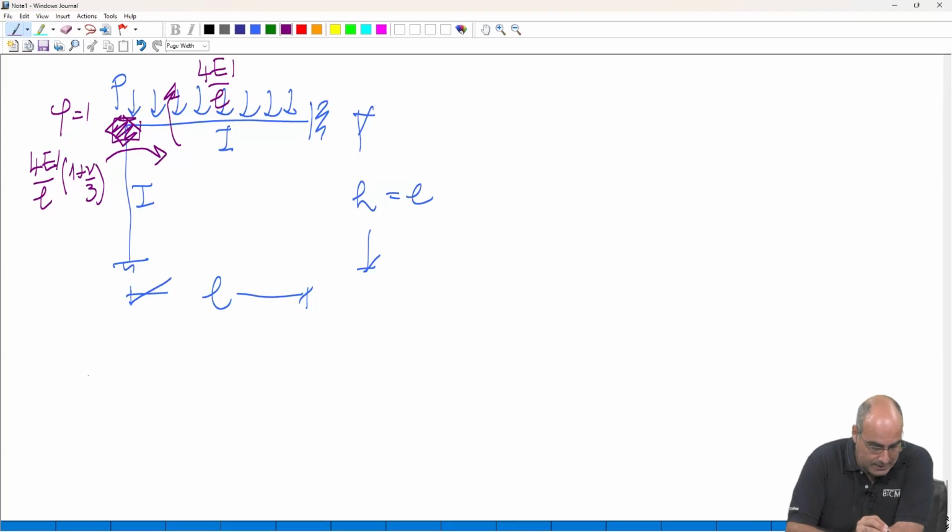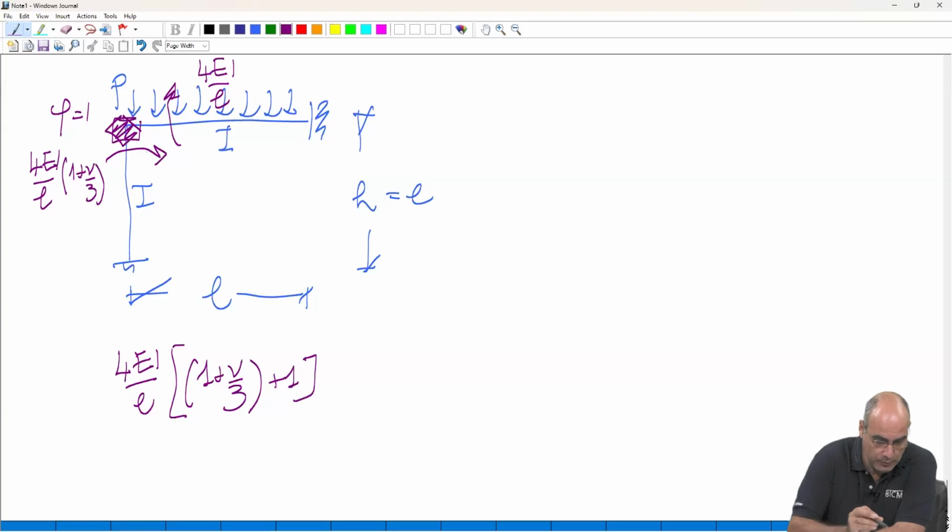So when I write my moment equilibrium equation, I write that 4EJ over L, 1 plus n over 3, plus 1, which means this plus this.